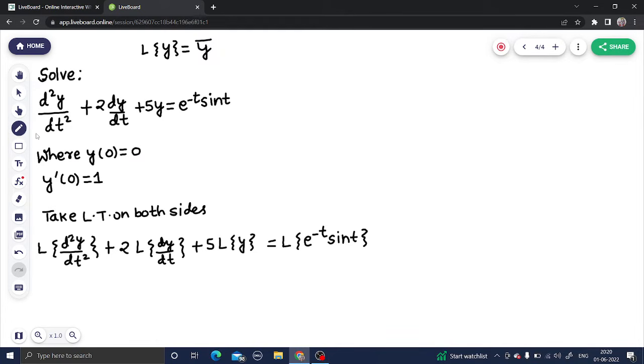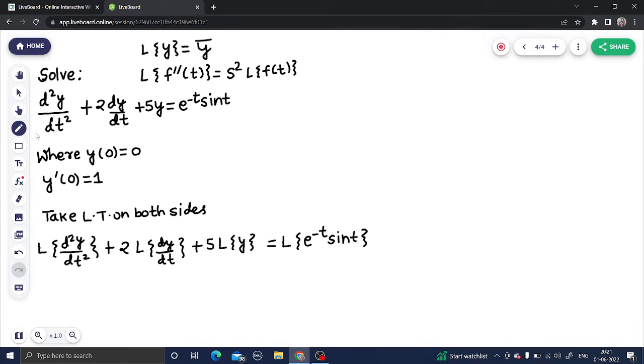Now what is the formula of Laplace of second derivative? I have already discussed in previous videos that Laplace of f double dash t. How we find this? What is the order of derivative? Second derivative. So start with s power order of derivative. I am telling the trick to learn this formula. So start with s square and we will go up to s power 0. Now in first term multiply with Laplace of f of t.